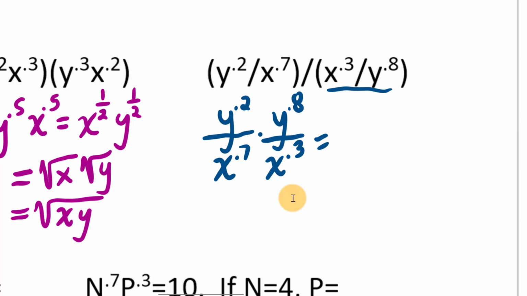What's that going to simplify down to? What's 0.2 plus 0.8? It's 1. So here we have y to the first power. And in the bottom, we have 0.7 plus 0.3. We have x to the first power in the denominator. So that's just y over x. Although you could write that as y times x to the minus 1 power if you preferred.